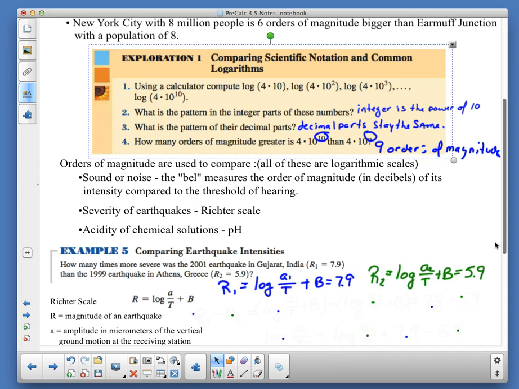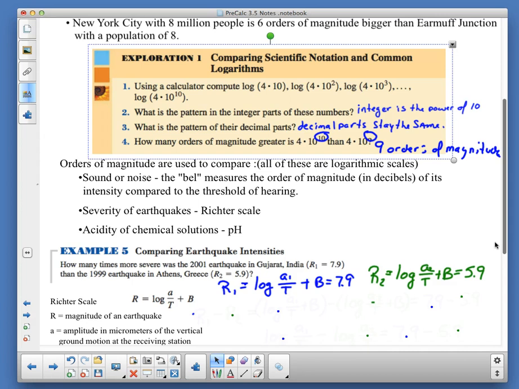Okay, we'll probably be using some base change stuff, so it might be something you want to do. And all I want you to do is just pop in the common log of 4 times 10, and find what that value is. Okay, well, that's 1.60205.